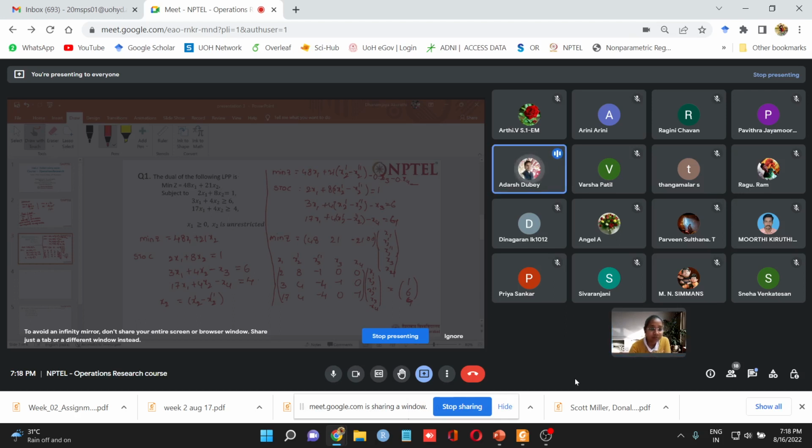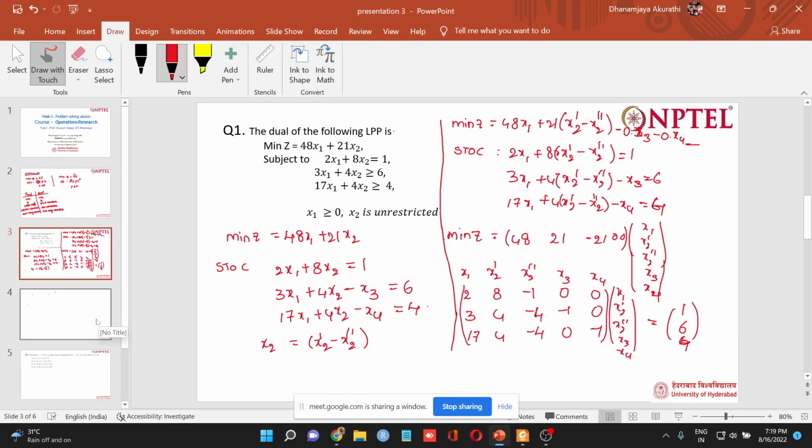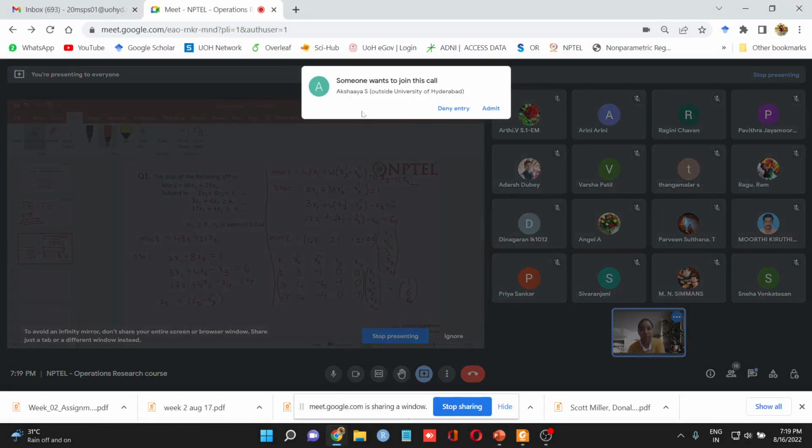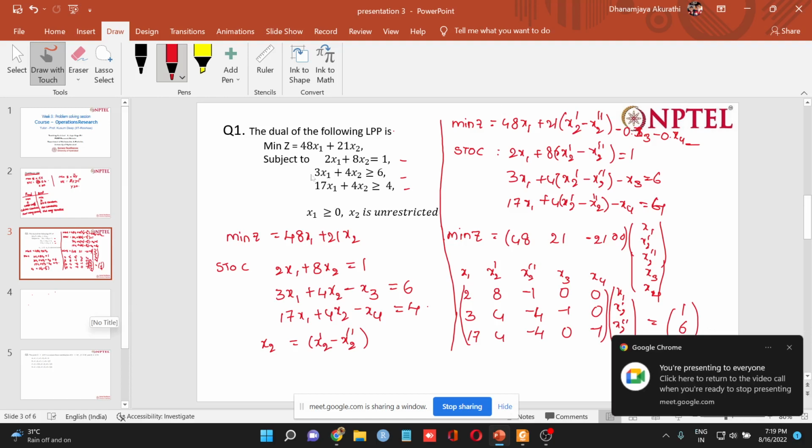Subject to constraints, there are three constraints, so there will be three variables in the dual. Okay. So however many constraints are involved in the primal, that many variables come to the dual problem. So these are the three constraints in the given problem, so we have three variables. Let us denote them y1, y2, y3.